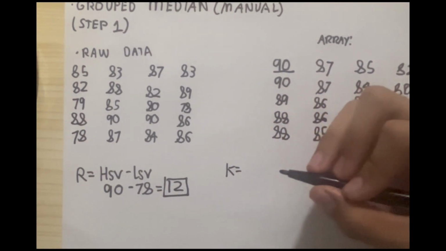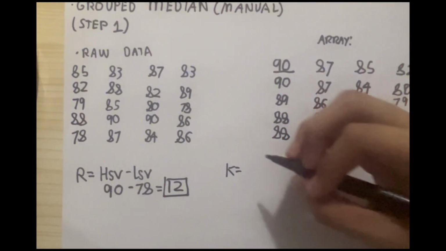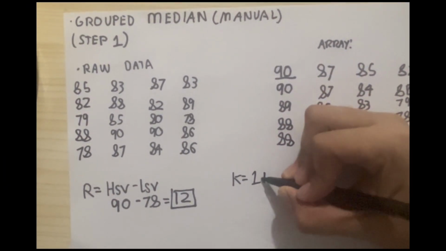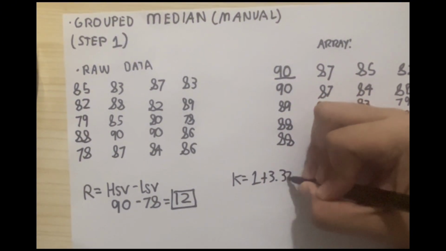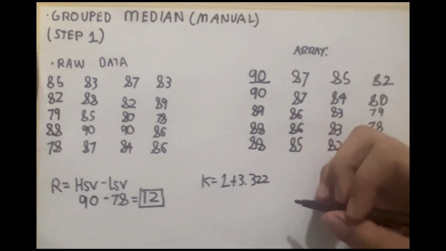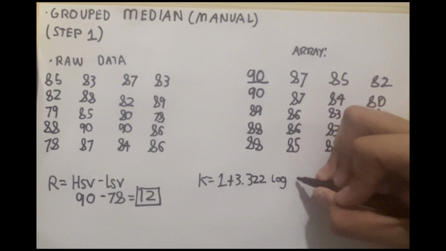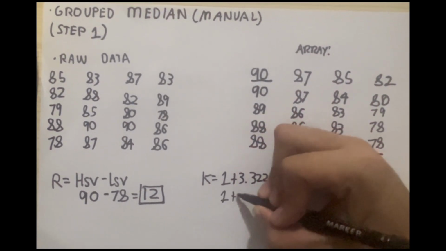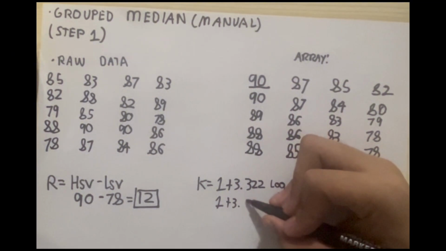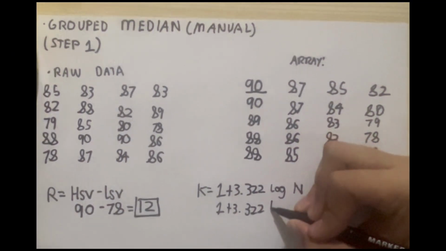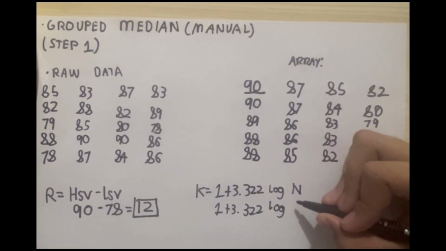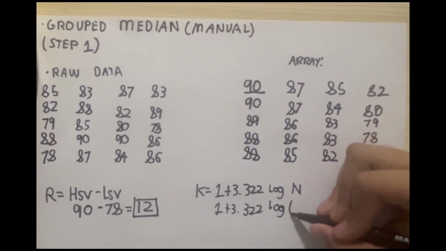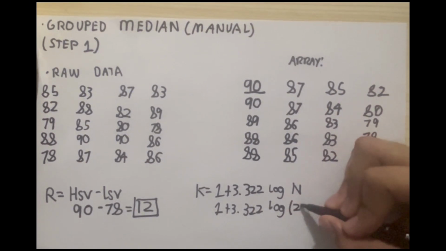Now to get our assumed interval or k, we will be using the formula of 1 plus 3.322 logarithmic n. 1 plus 3.322 log, then substitute the n. Our n is 20.